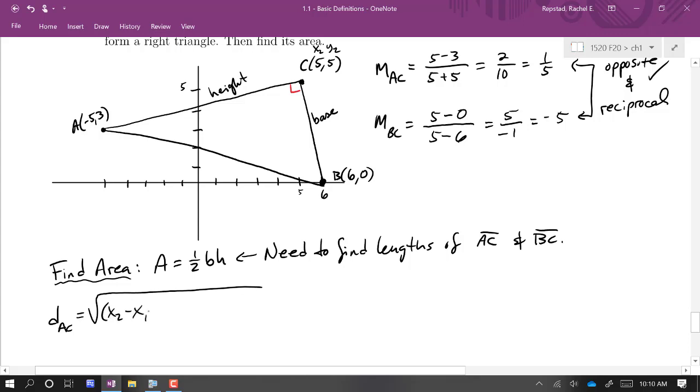x2 minus x1 squared plus y2 minus y1 squared, all under a square root.